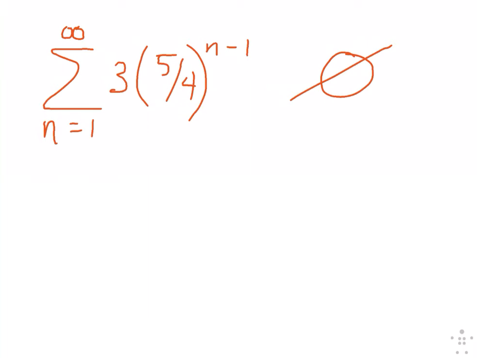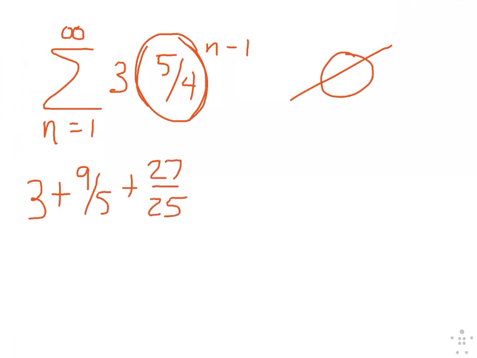So how do you know if it doesn't exist? This number right here has got to be less than 1. Say you have 3 plus 9/5 plus 27/25 plus 81/125 and so on.